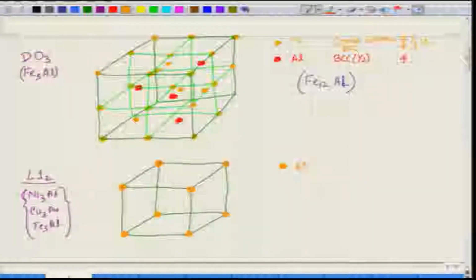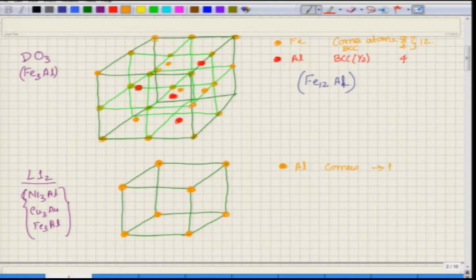Actually I should have drawn it in the red color, keeping in view the previous diagram, but nonetheless. So, here aluminum is at corners which is equal to 1 atom, where is the Fe atom which is now being shown by red. So, the Fe atom goes at the face centers.